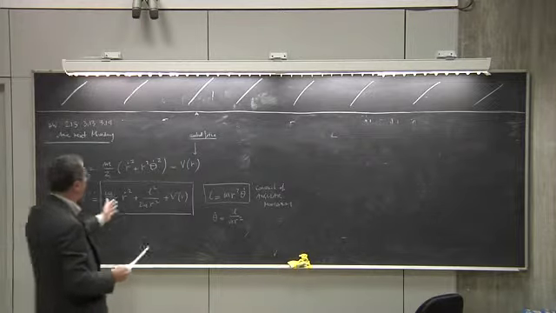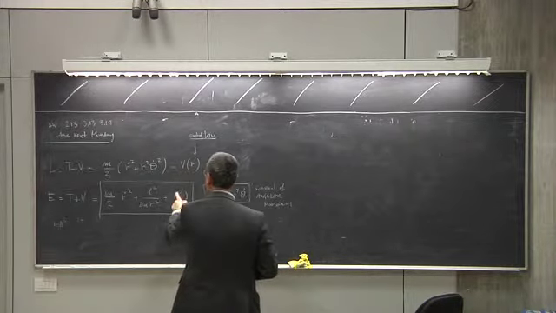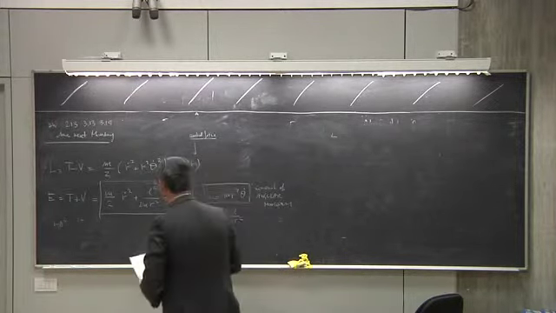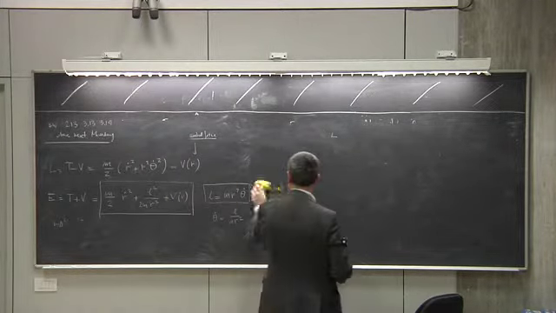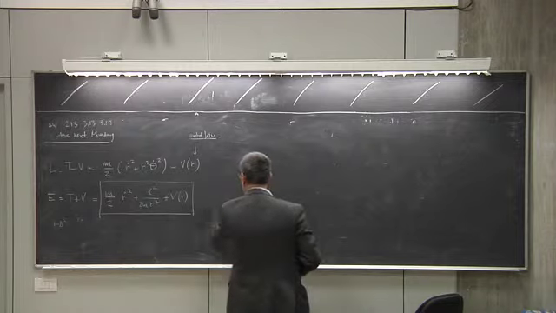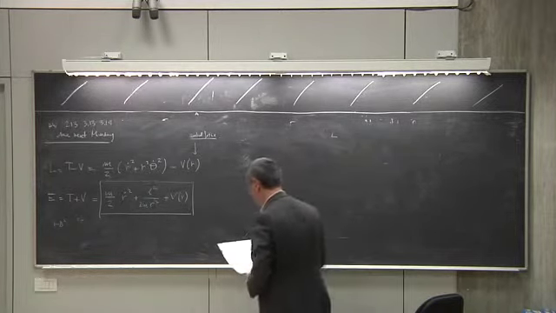So clearly I cannot solve the differential equation as long as I don't say something more about V of r, but still I can have a qualitative discussion of something that helps me in understanding the solutions.